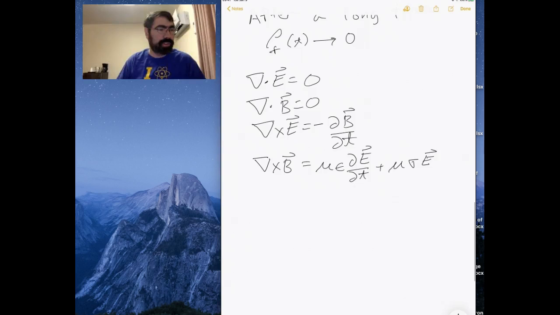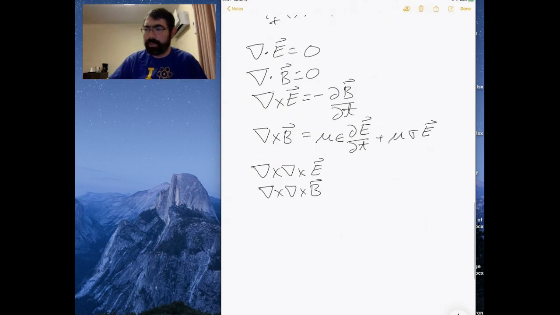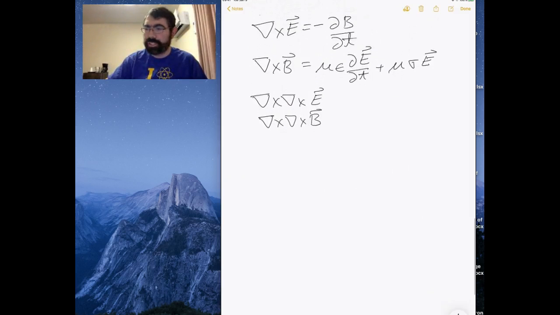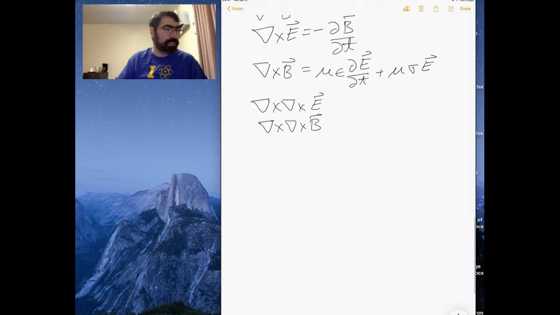And so we're going to do it in the same manner, where we take the curl of the magnetic field, and we can follow the same derivation from earlier in the chapter, and what you should get is this Laplacian.